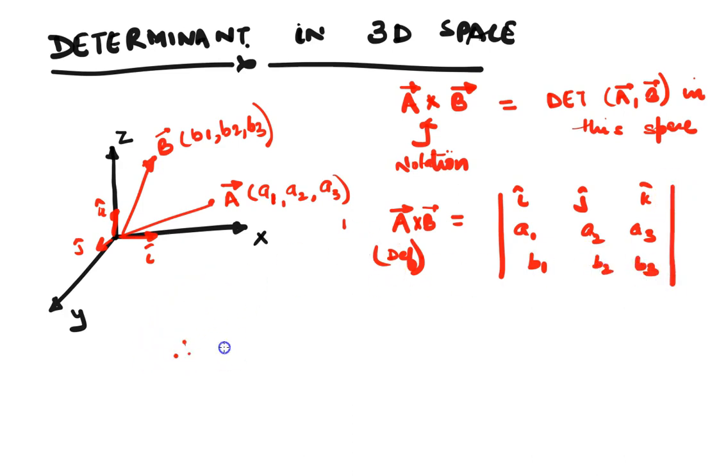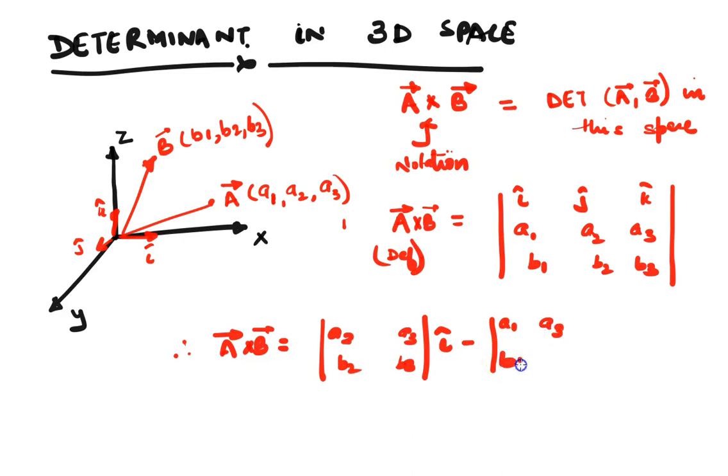Therefore A cross B is, now let's solve this determinant, which is (A2 B3 minus A3 B2) i cap minus (A1 B3 minus A3 B1) j cap plus (A1 B2 minus A2 B1) k cap. Right?